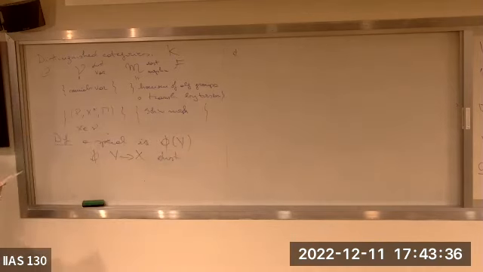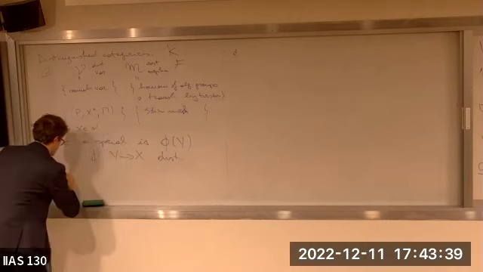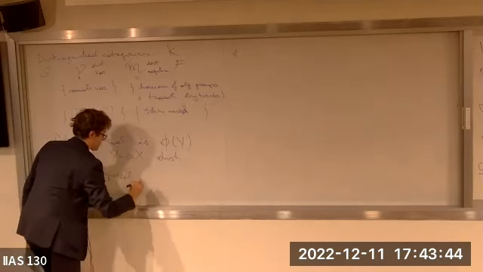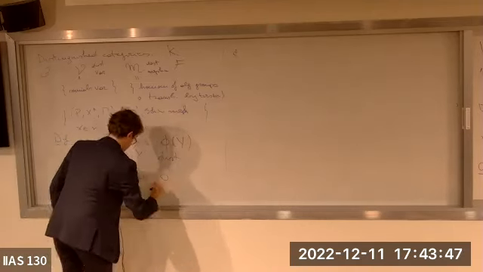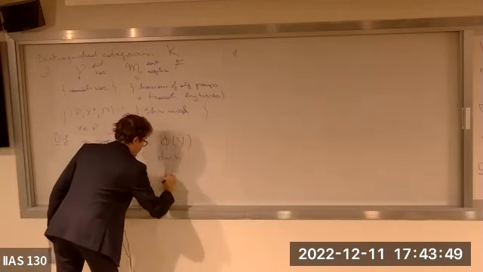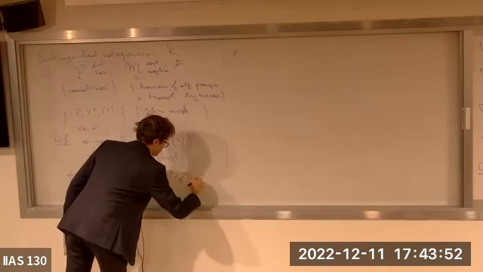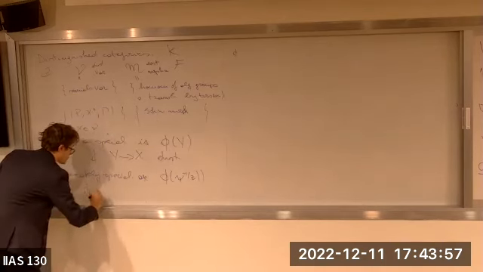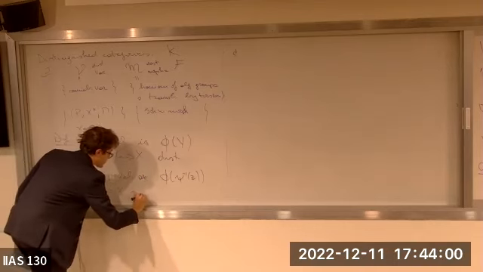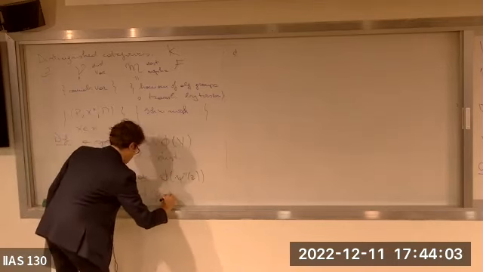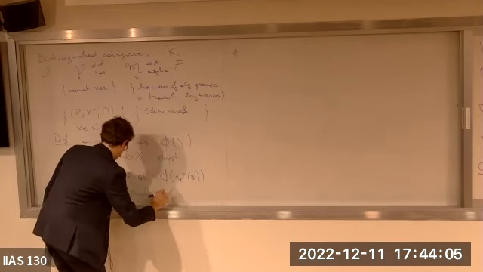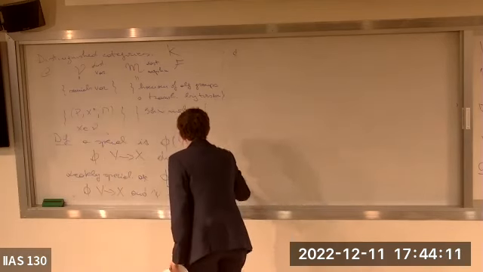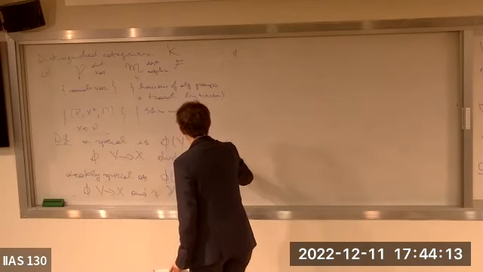And weakly special subvarieties are phi of psi^{-1} of z, where phi goes from Y to X, psi goes from Y to Z, and little z is a K-rational point also.